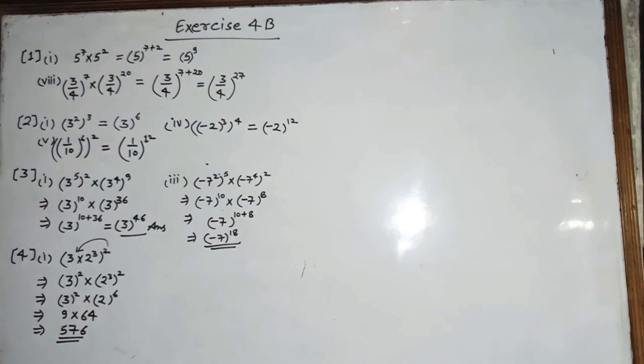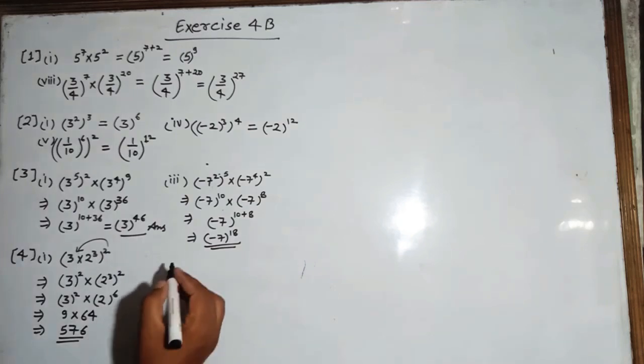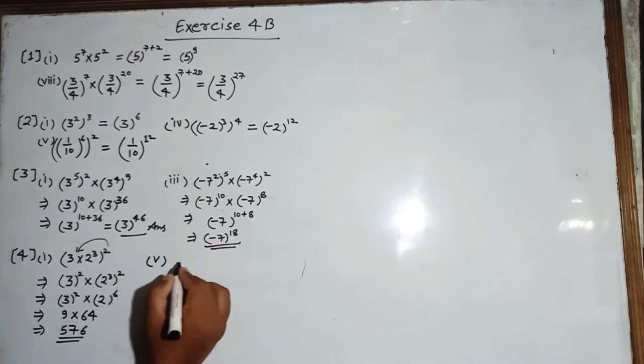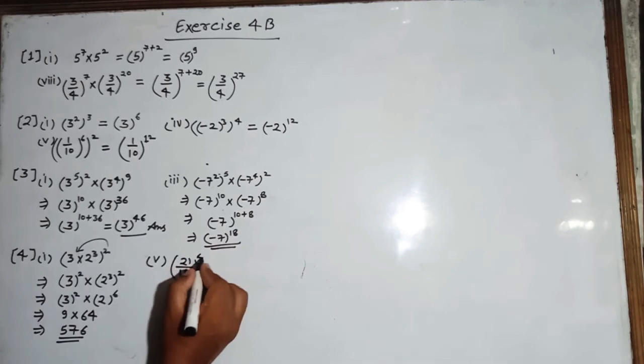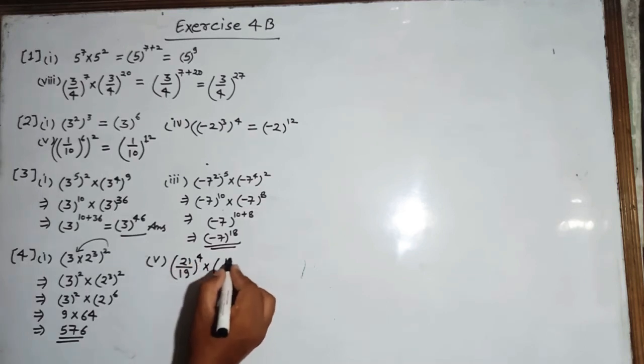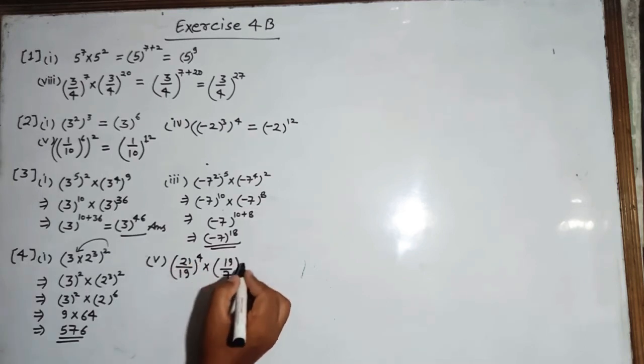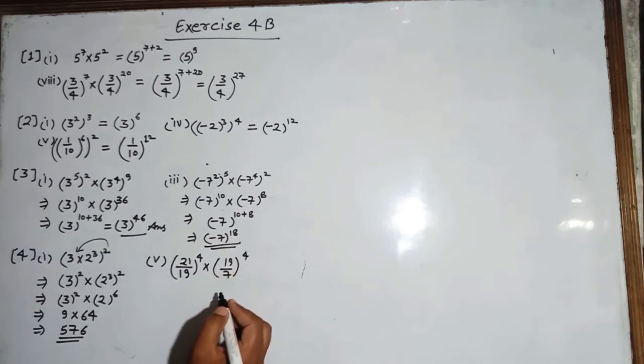Same way you can do the fifth part also, that is (21 upon 19) to the power 4 into (19 upon 7) to the power 4. How can you do this one?